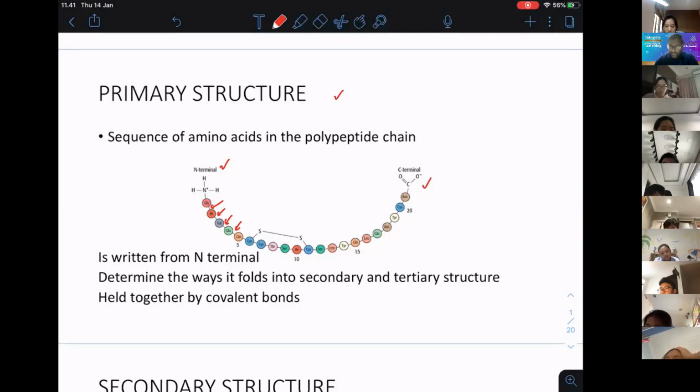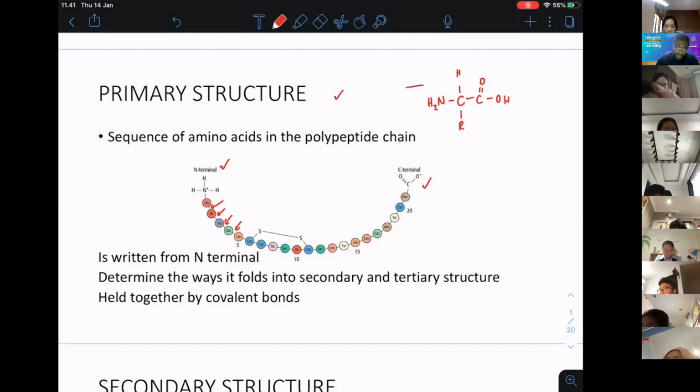Why is it like that? Because each amino acid has a carboxylic acid group, an amine group, and an H, and then the R group that determines which type of amino acid it is.